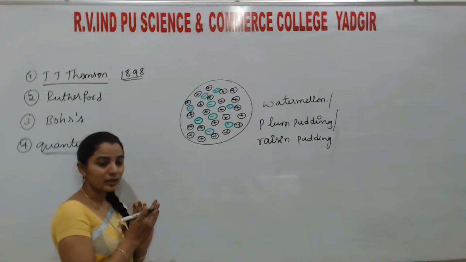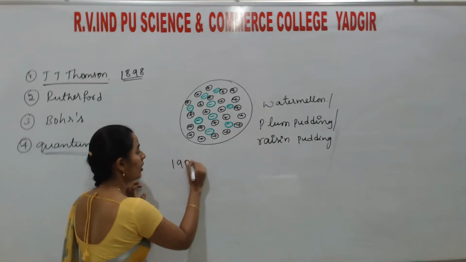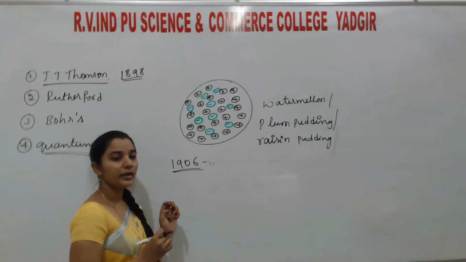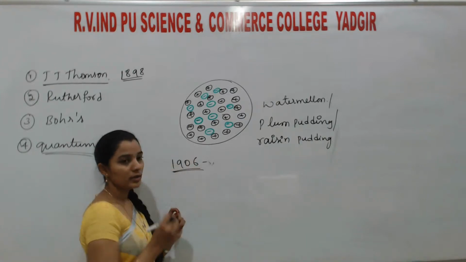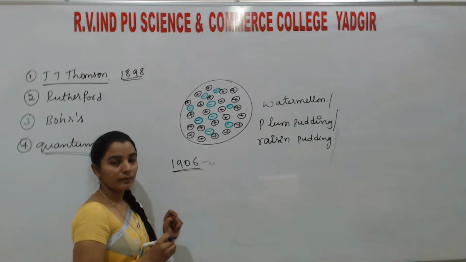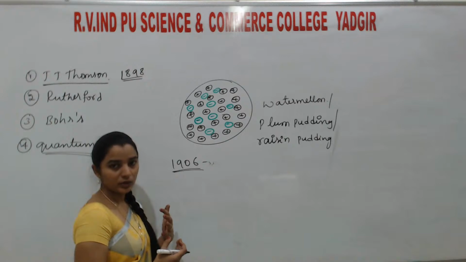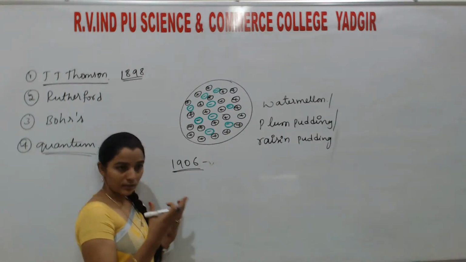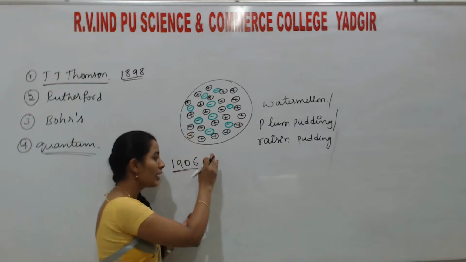Of course, in 1906, he was awarded the Nobel Prize for his atomic model. But later, when the neutron was discovered, of course, he didn't mention any neutron inside the atomic model. And later some reactions they did. So due to those reactions, they came to know.